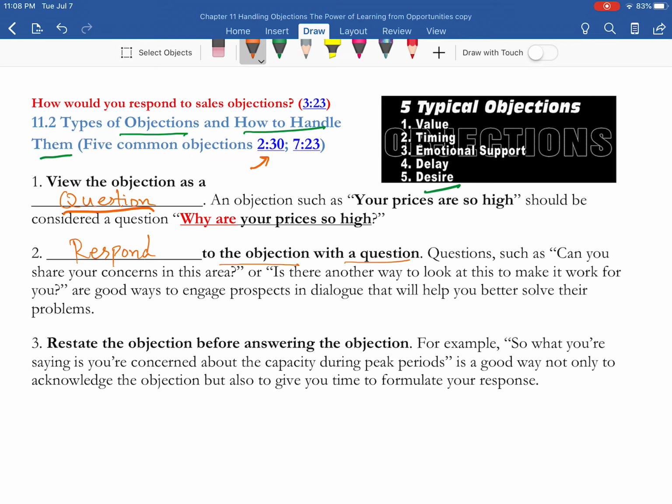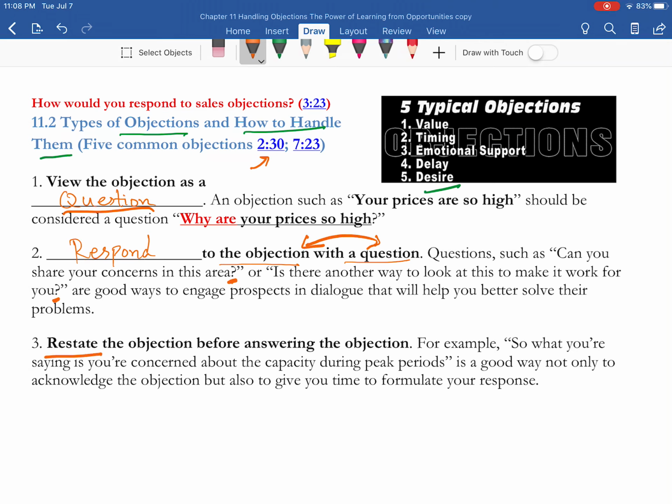Is there another way to look at this to make it work for you? I understand that you are unable to buy this particular piece of equipment right now, but is there any other way you would be interested in something else? You are asking these questions so that you are answering their objection through one of your own questions.